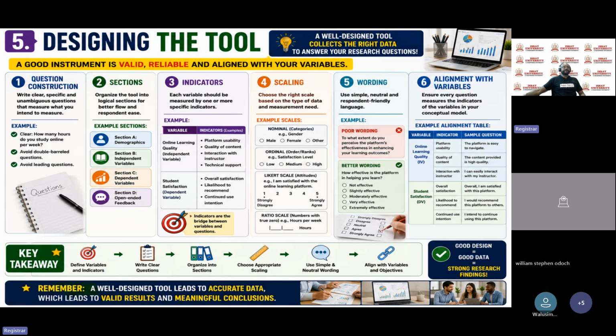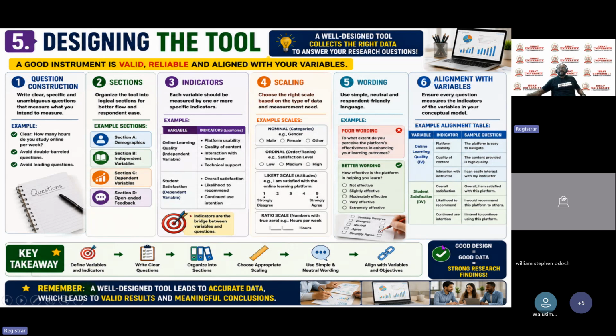You can see here, the independent variable online learning quality depends upon platform usability, quality of content, interaction with instructor, and technical support. So when you draft your questionnaire or your tool, you double-check whether it is aligned. Do the questions cover all these things? Did we shift one question to another by mistake?